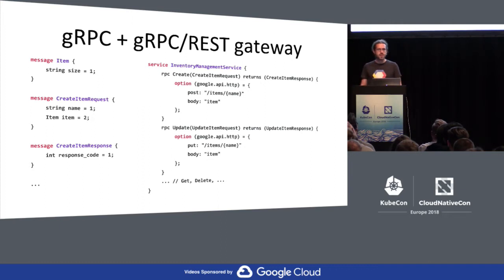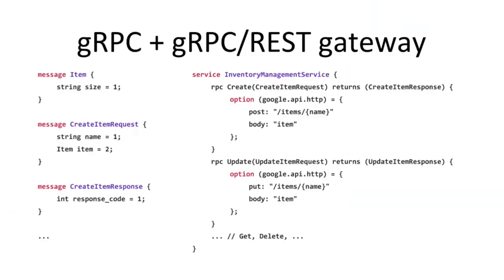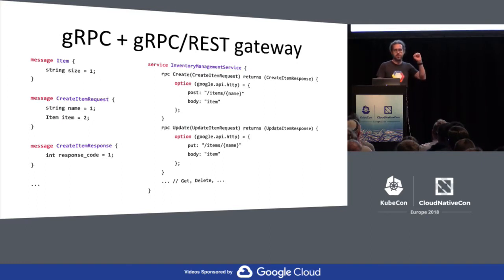So here I have an example of gRPC, which, don't hear me wrong, I like gRPC, it's a great system. But if you want to reproduce the system that Kubernetes APIs use, you have to make an awful lot of code. For example, here you've got a message that describes the resource, and then you have to make a separate message for the create request and the create response.